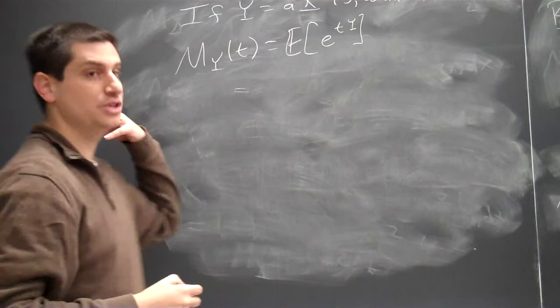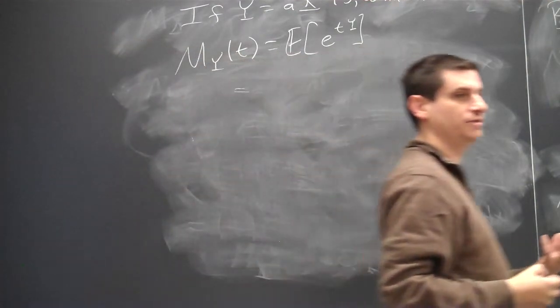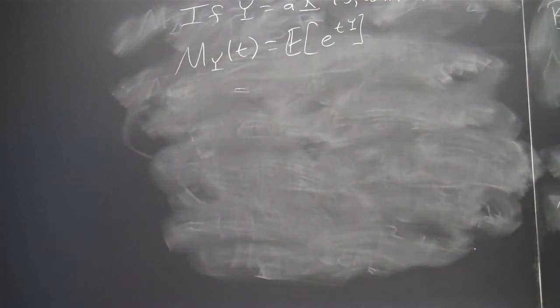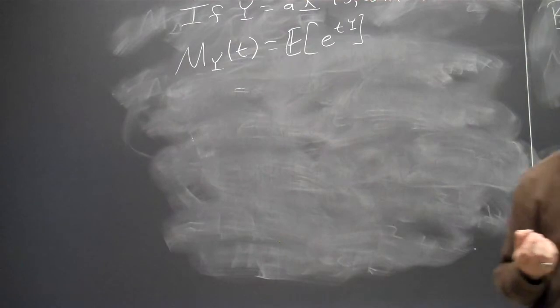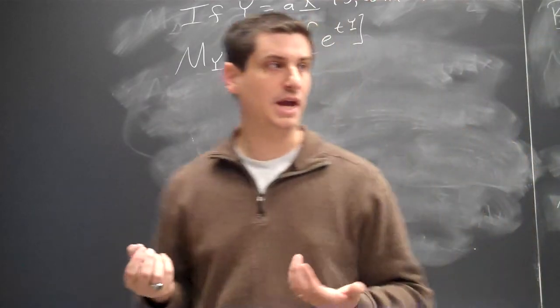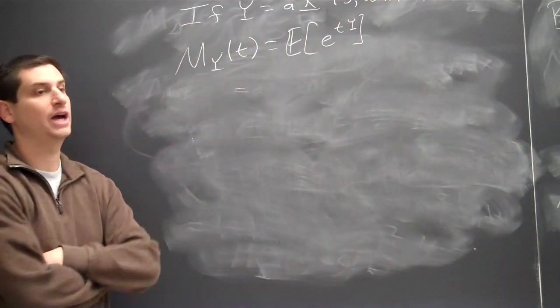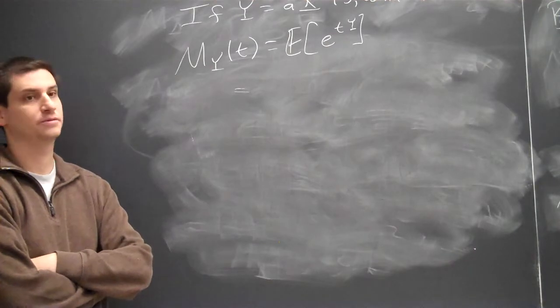Yes. And so the answer is going to have to be a function of the moment generating function of x. And what else? A and b, right. It's possible that the answer might not depend on both a and b. Maybe somehow the answer only depends on a. Can you give me an example of something involving y and x where the answer depends on a and x but not on b?